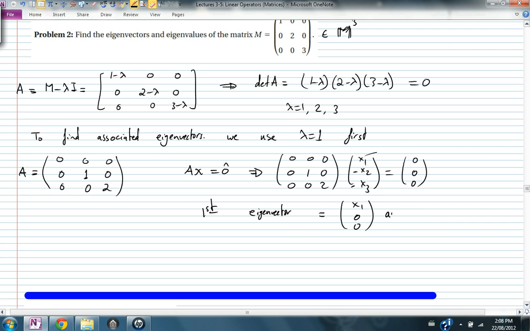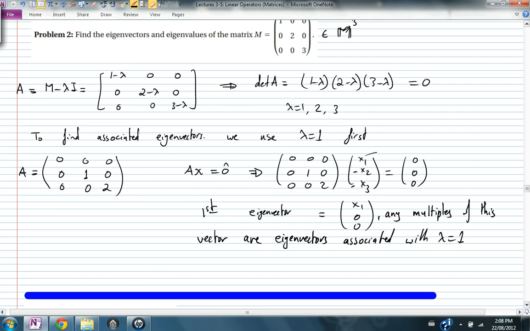So any multiples of this vector are eigenvectors associated with lambda equal to 1.